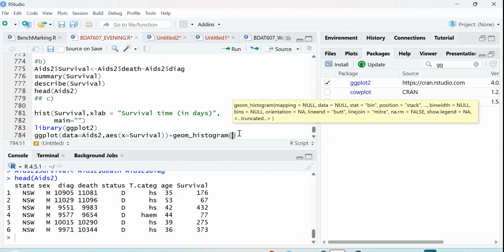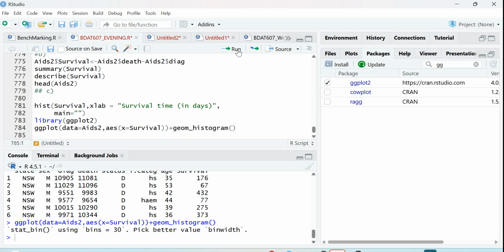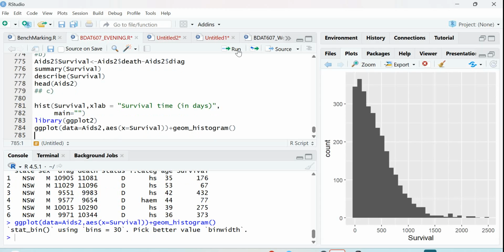Like this. Let me test it and see. Okay, so yes, that's it.